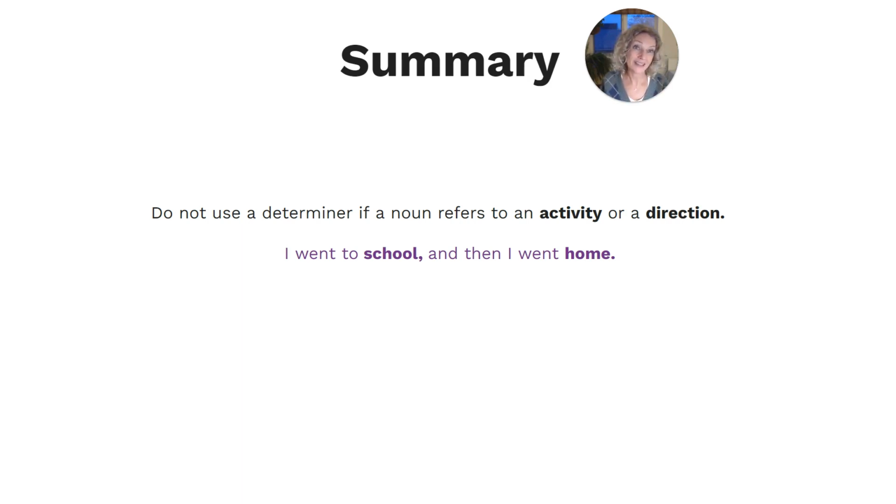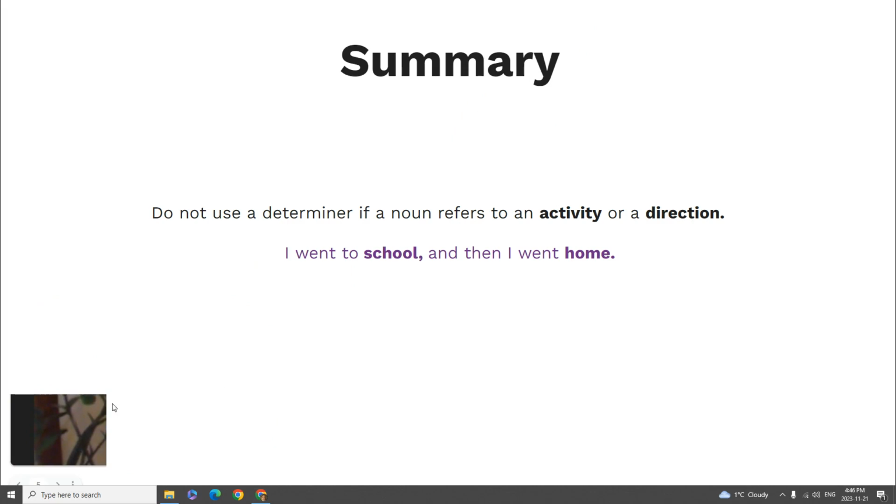I went maybe south. Okay, so yeah, determiners, those are those tiny words that cause so much trouble, but hopefully when you understand some of the reasons behind why we use them or don't use them, it will help you to speak English better.